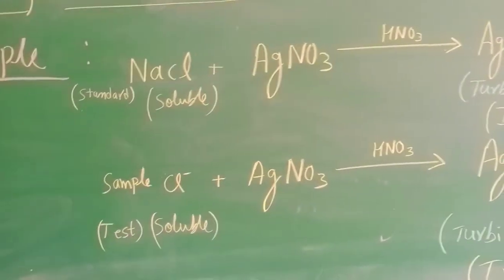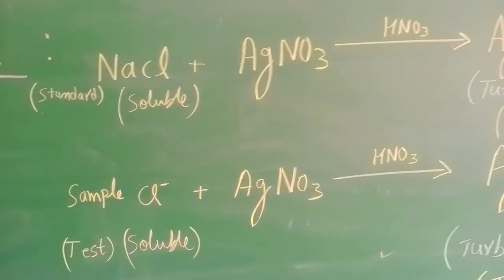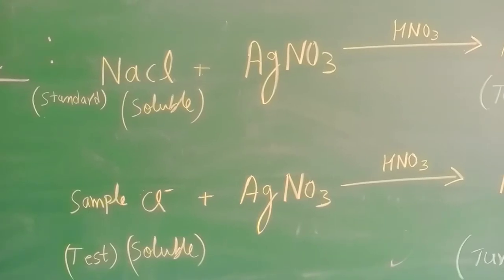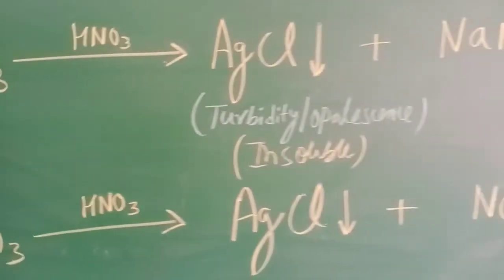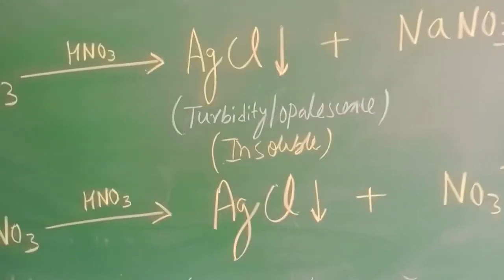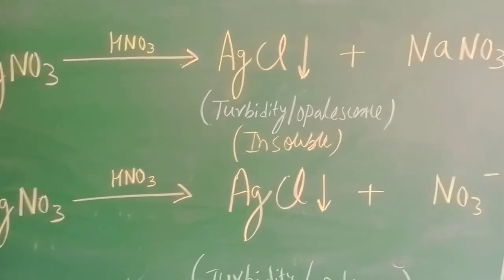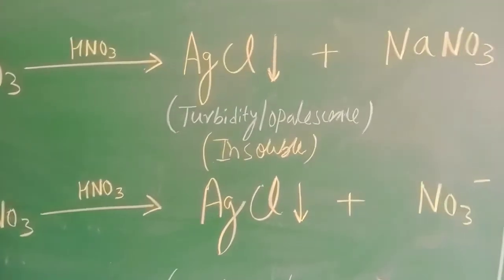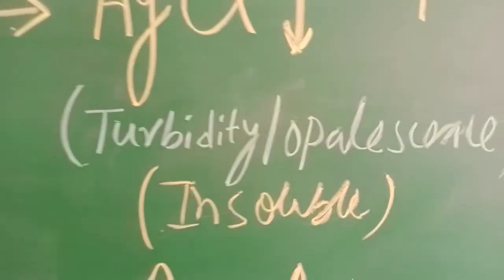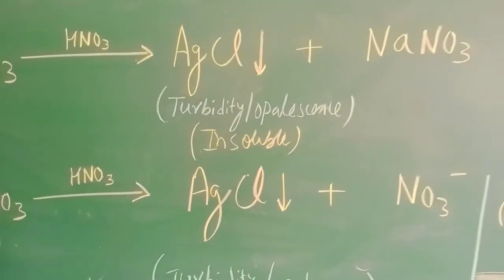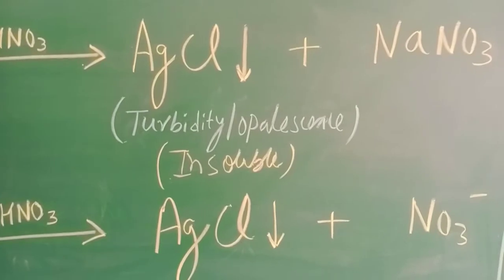These reactions will ultimately let us know how the soluble chloride gets converted into an insoluble form, and how this insoluble form of chloride will produce a turbidity or opalescence, which is further compared in order to rule out the result.